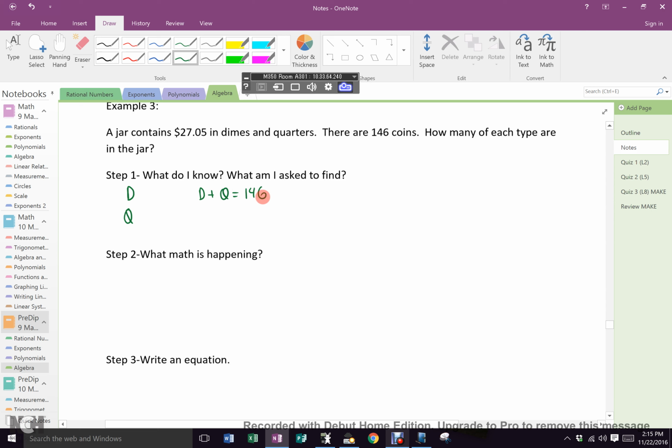Yes. What else do we know? G plus P equals 27. No. Because a single dime is not worth that. And all the 146 coins have a value of 27.05, yes?